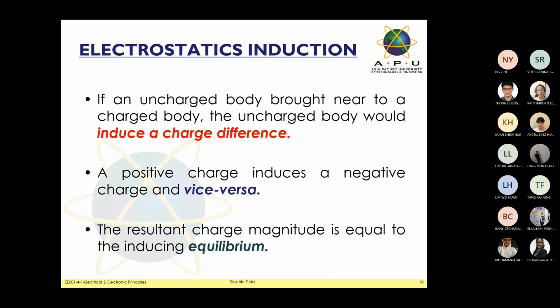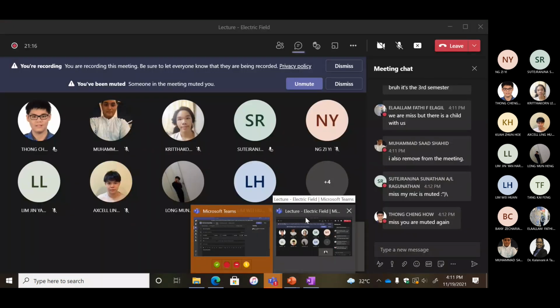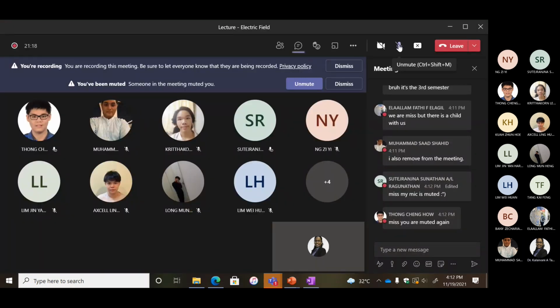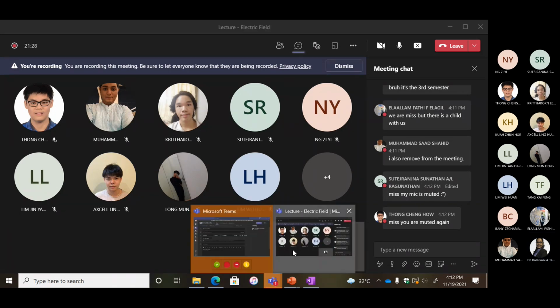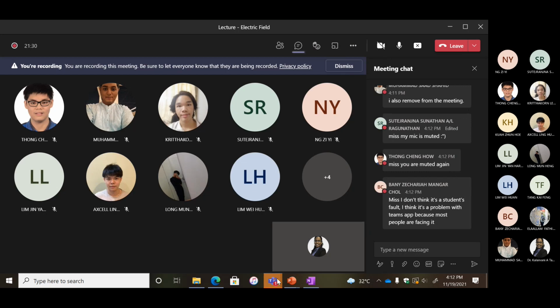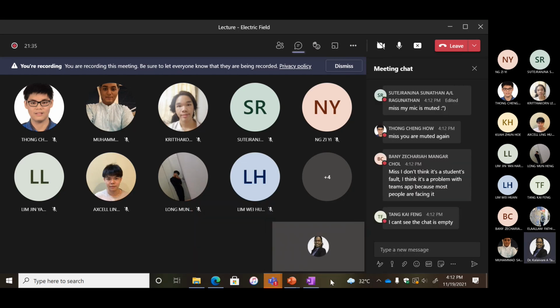And you are muted. Oh my goodness, I started the setting, but still someone can mute me. Okay, then all right. Miss, I don't think it's a student's fault. I think it's a problem with the Teams app because most of the people are facing it.